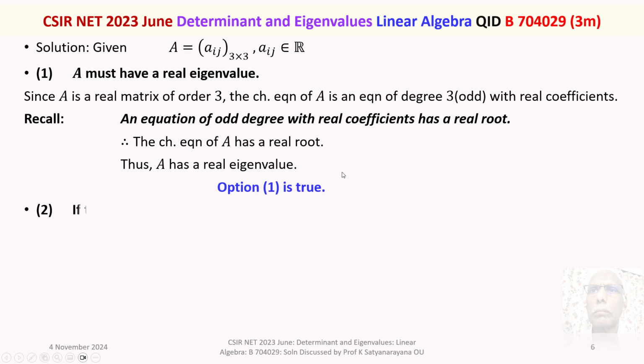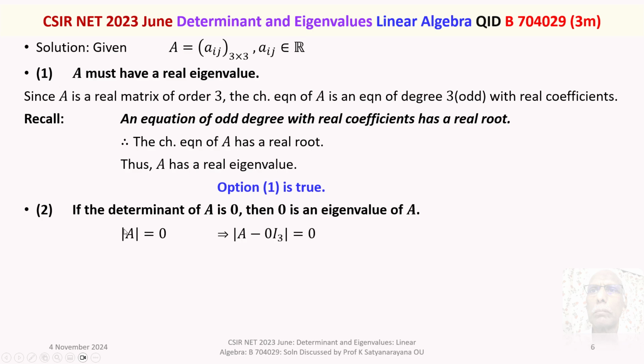Thus, option 1 is true. Let us take the second option. If the determinant of A is 0, then 0 is an eigenvalue of A. Is it true? Yes, it is a known result. But anyway, we will show you that it is true.